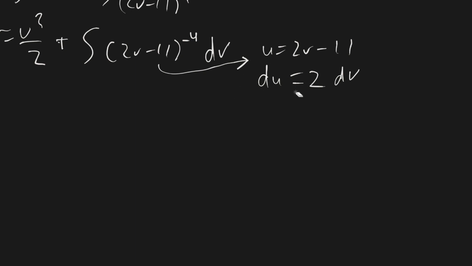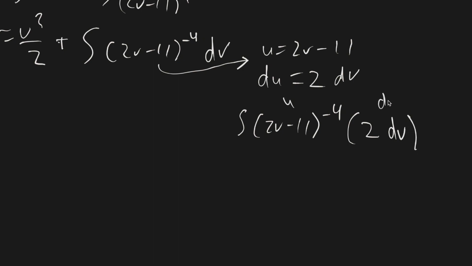Let's substitute in the value of du now. So we have 2v minus 11 to the negative 4, which is just going to be u to the negative 4, and then du, which is equal to 2 dv. So this is u, and this is du.